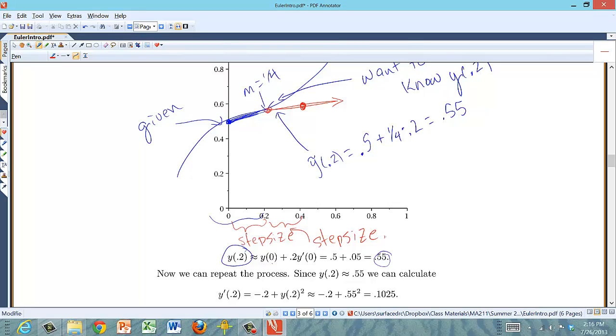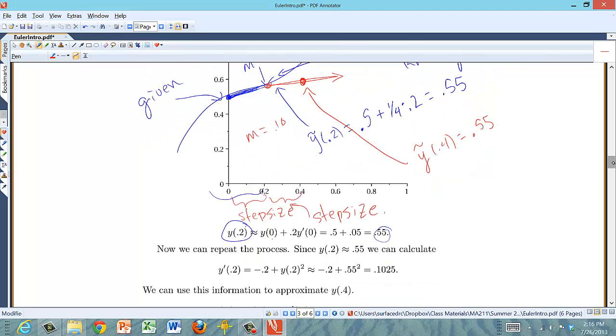Okay, so let's see, what could I do here? I can say, well, this tangent line starts at 0.55, so y tilde at time point 4 is going to be, I start at 0.55, this tangent line has slope 0.1025.